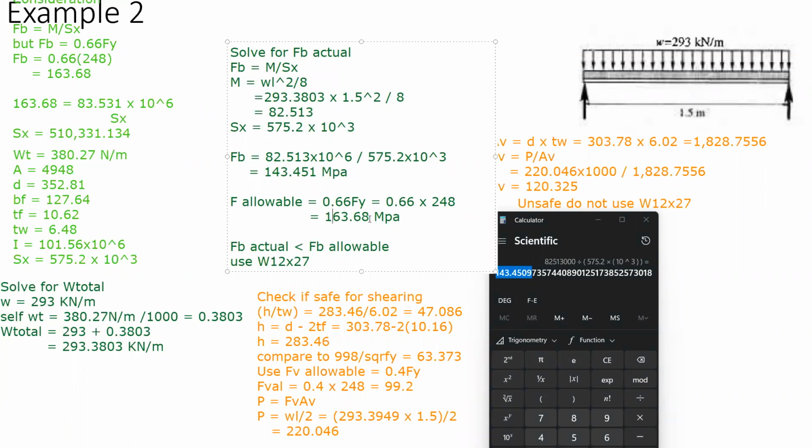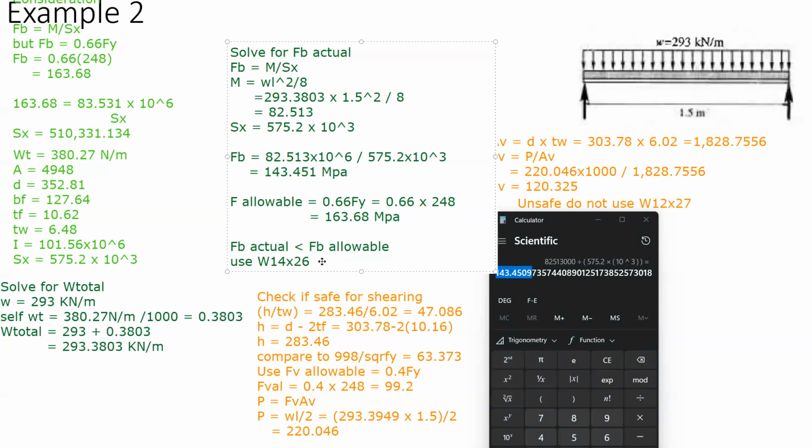And our allowable would be 0.66. So our actual is less than our allowable, so it is safe. Let us use 14 by 26.